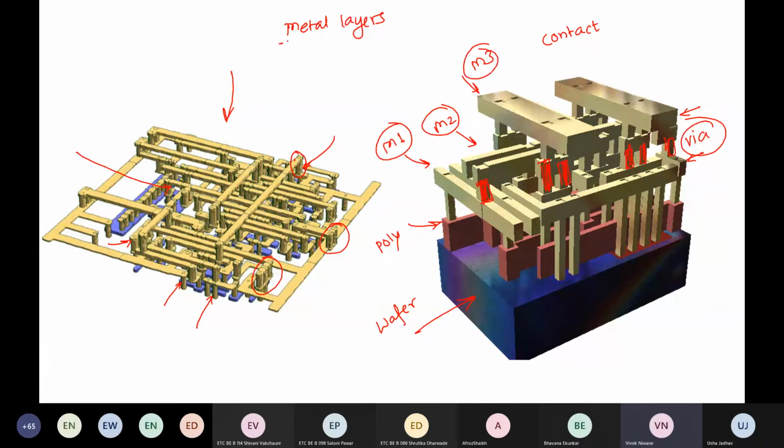We do have different metal layers, and whenever we want to connect different metal, we will require contact or via. तो इतना याद रखिएगा. Then the blue one is called as wafer, that you have seen in the video. Then according to the construction of MOSFET, we know that we do have a polysilicon material as a gate material for our device. So what we will do, we will first talk about the MOSFET.